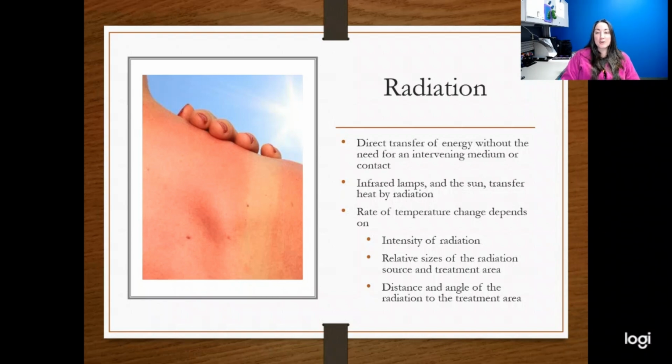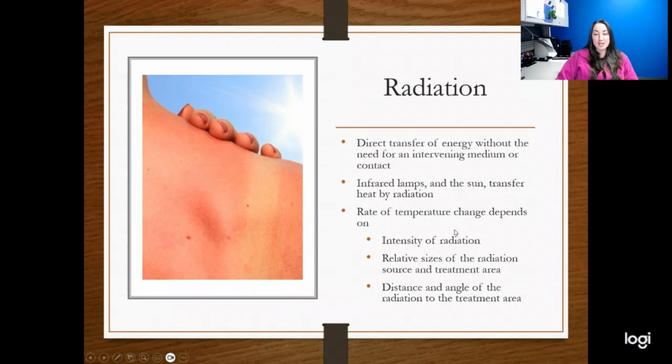Radiation is a direct transfer of energy without the need for an intervening medium or any contact. Okay, so this is just you're standing near a fire and you feel the heat. That's through radiation. If you're sitting outside and the sun is heating you up or blistering you, that is through radiation. You don't have to be touching it. You don't have to be submerged in it, anything like that. It's just indirect contact that is causing it. So examples are infrared lamps, the sun, transfer heat by radiation.